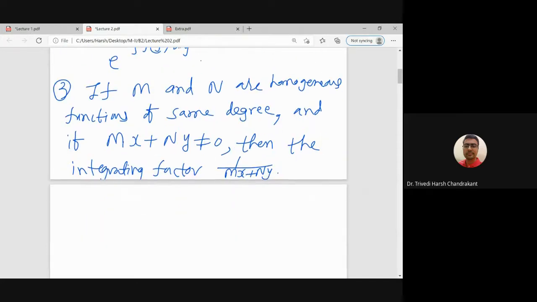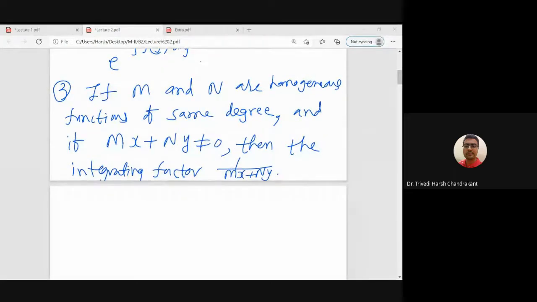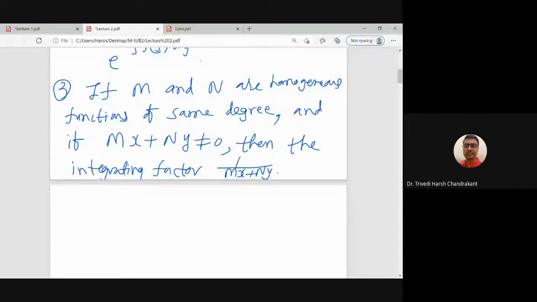We will see examples later on for these different four cases.